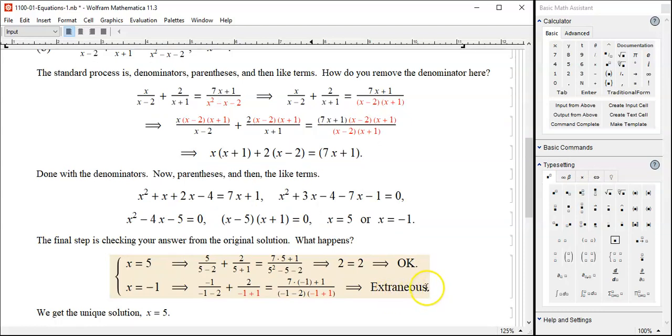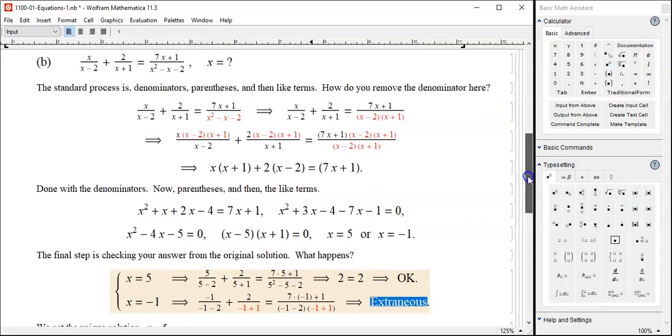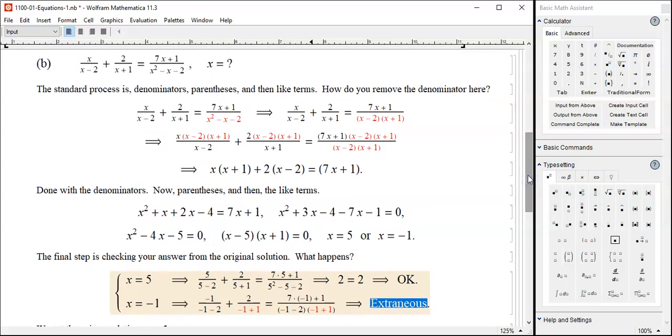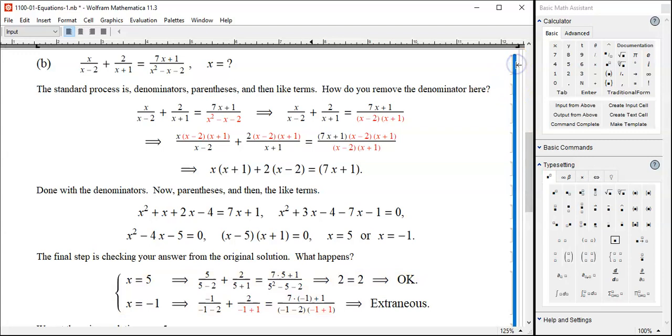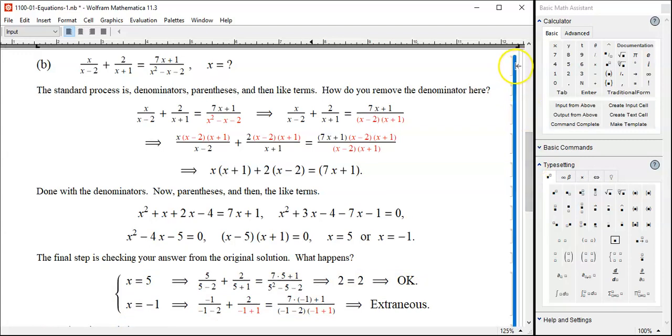Our textbook author is currently using extraneous, so let's use that term. Invalid or illegitimate, those are also good terms, but the proper term for this particular textbook we are using is extraneous. Fake solution, whatever, I'll accept all those if I'm grading.